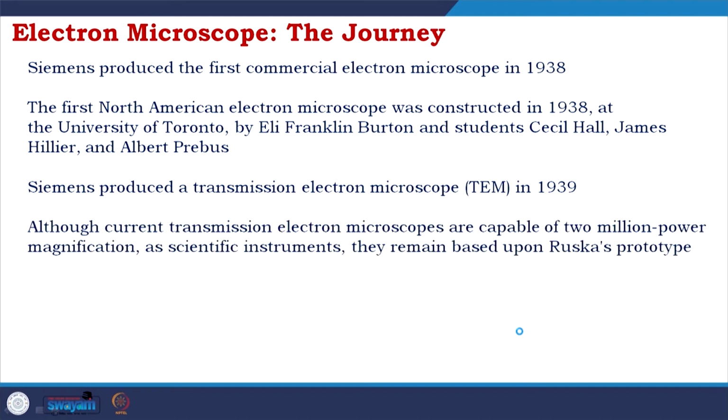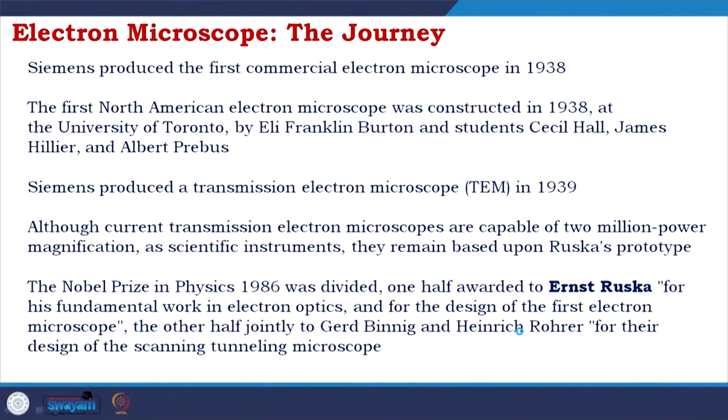Although current transmission electron microscopes are capable of 2 million power magnification, as a scientific instrument, they remain based upon Ruska's prototype, only showing how creative, how talented and how big was this innovation.